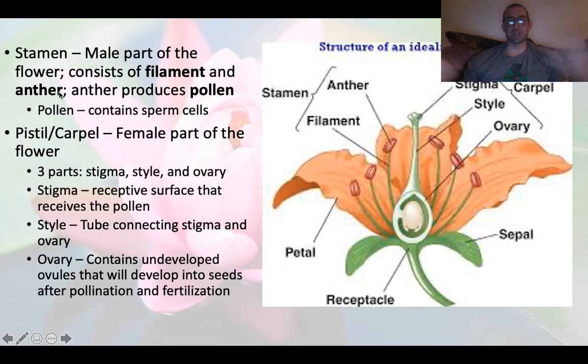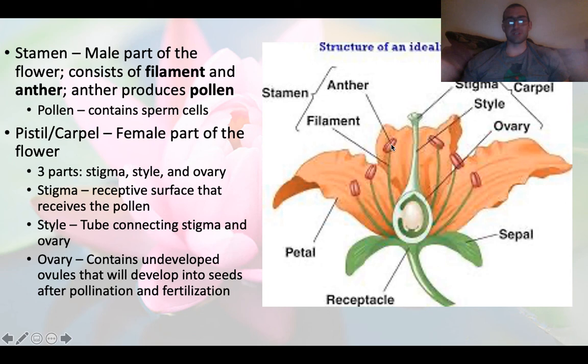Now, we also have stamens, which are the male part of the flower, and the pistil, or carpel, which is the female part of the flower. Now, these are the stamens right here, and the stamens consist of a filament, which is this long stalk, and the anther, which sits atop the filament, and it's the anther that is going to produce the pollen.